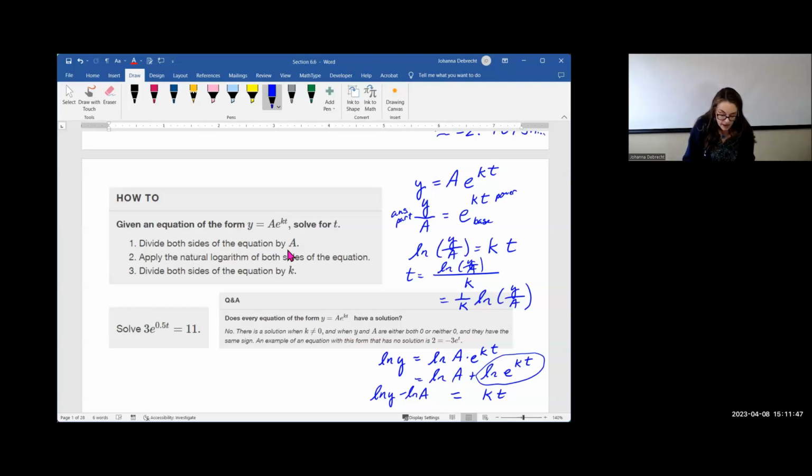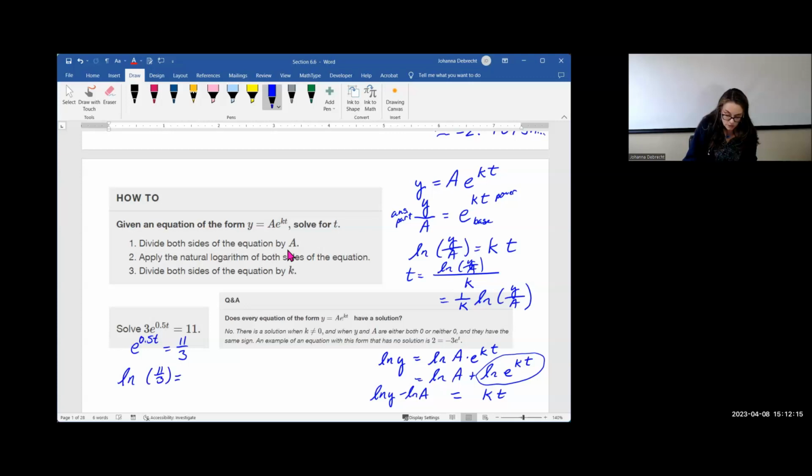One of the things that I do is I like to switch forms, so I tend to do that more often. So I'm going to divide by the 3, and this is going to give me e to the 0.5t equal to 11 thirds. Then I'm going to switch forms from exponential to logarithmic. The base is e, so I'll use natural log. The answer part was 11 over 3.